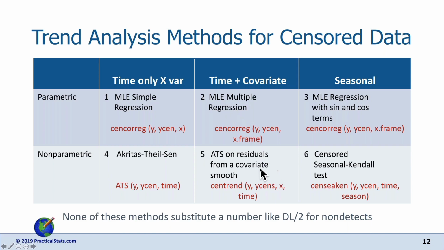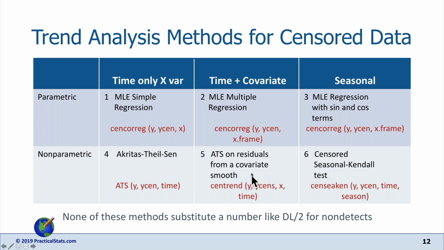And then you can do something similar to that in a non-parametric fashion. Non-parametric methods are no model methods. They try to avoid modeling. And so we're not going to really do a model, but we're going to do an extraction of what's left over after you account for the relationship between Y and X, where X is not time.